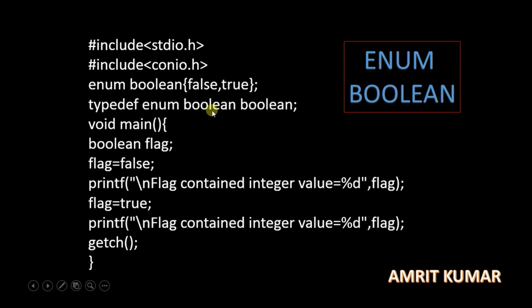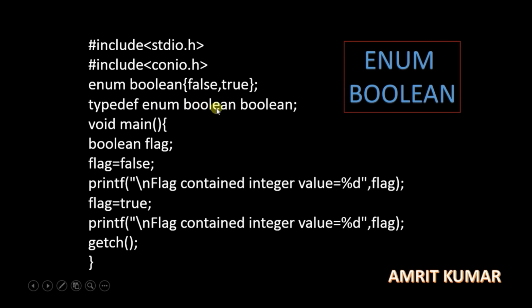Okay. Then after that I am using the main function here, and because this is returning void, it means it is not going to return any value. Then I am opening the main function, and you can see here I am using the boolean variable which is a typedef variable. Boolean is a typedef and it contains enum boolean.